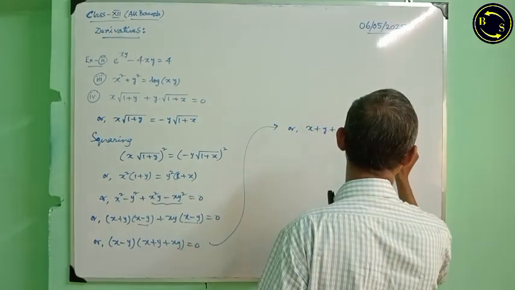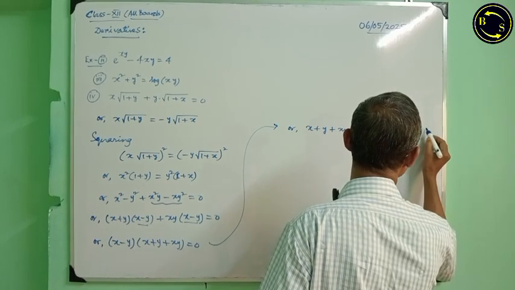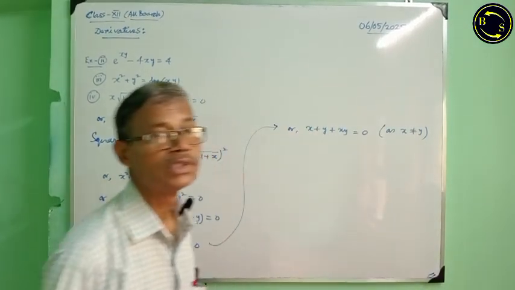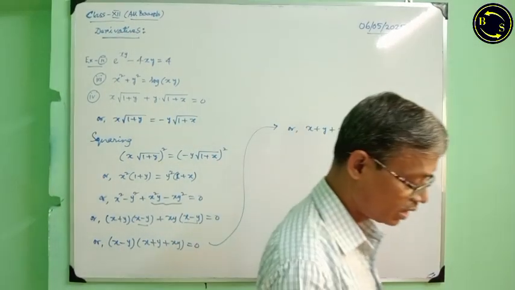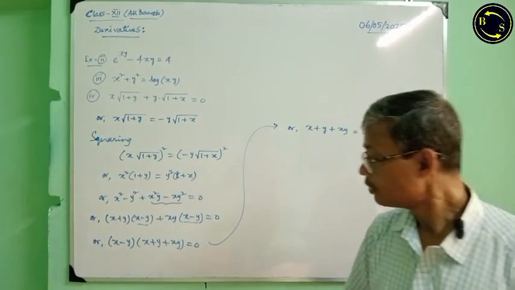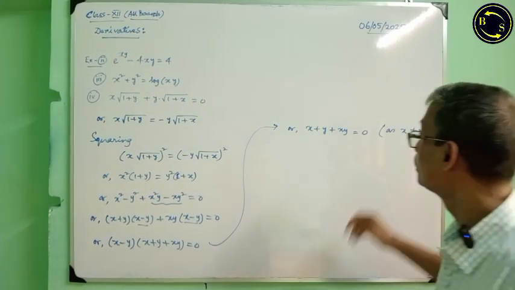You mention here as x is not equal to y. This is very important thing while you are working out such type of sums. Keep it in mind and you mention.